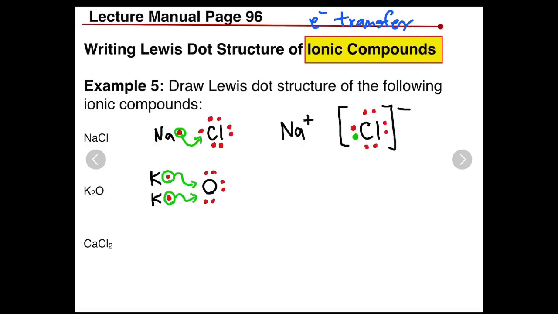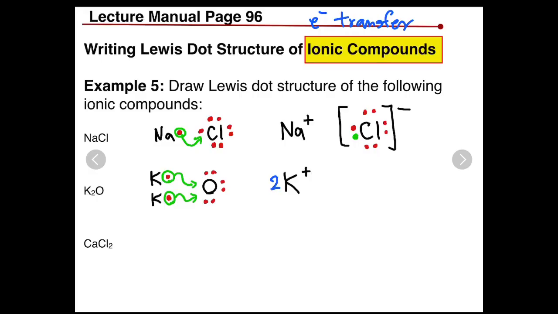Therefore, each of these potassium would be potassium 1 plus, but because we have 2 of them, the 2 in front of it indicates that this ionic compound would contain 2 potassium ions. So that's what it means.